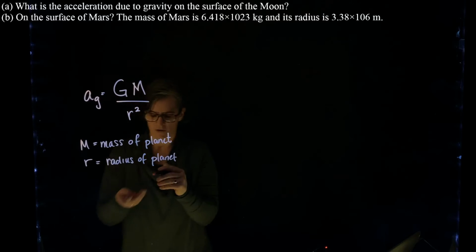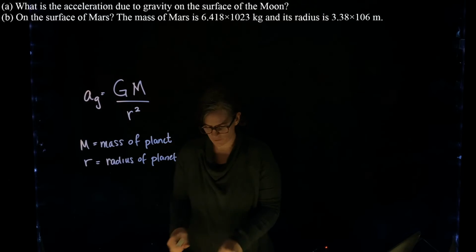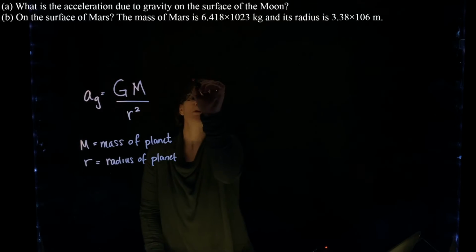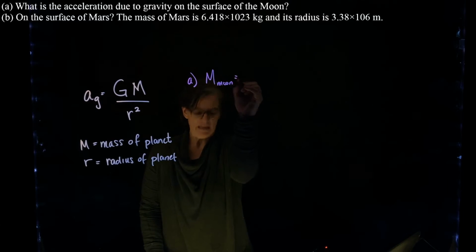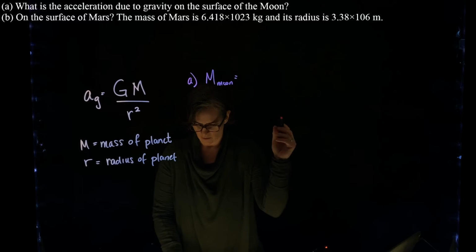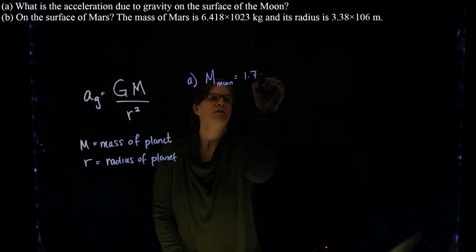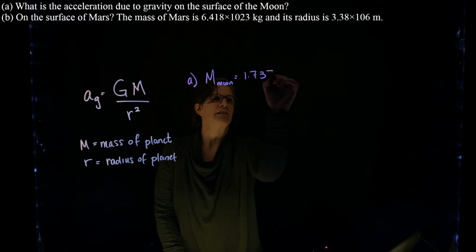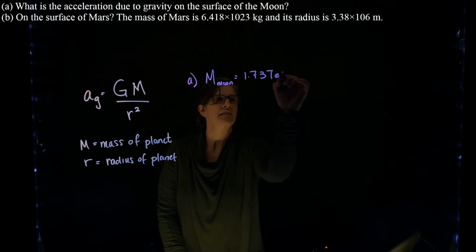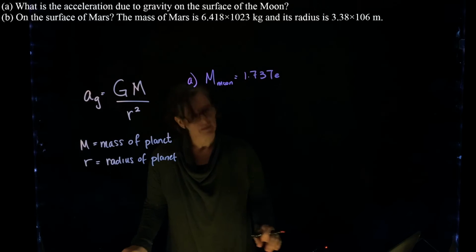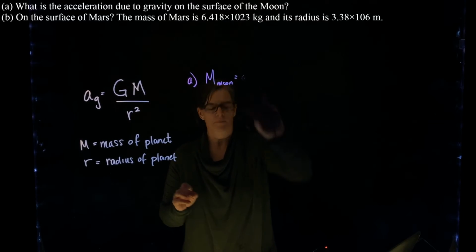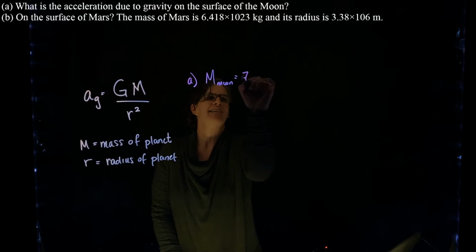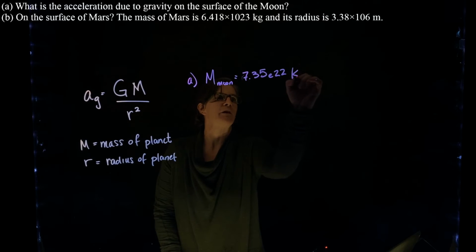Okay, so for part one, we're asked to do this equation for the moon. So for part A, the mass of the moon is equal to 7.35 times 10 to the 22 kilograms.